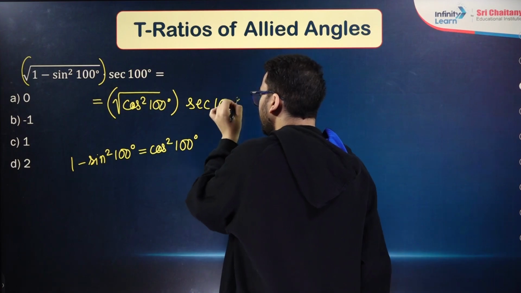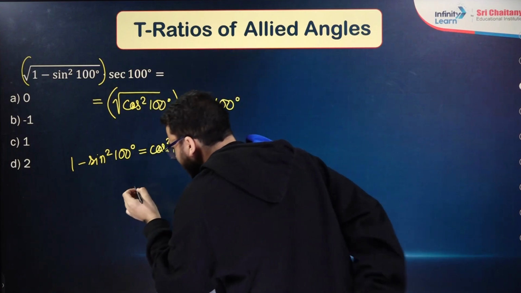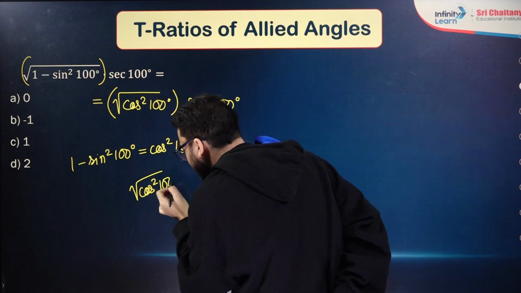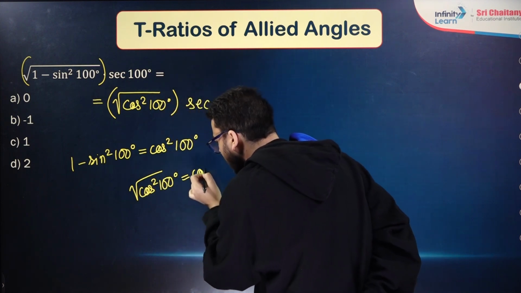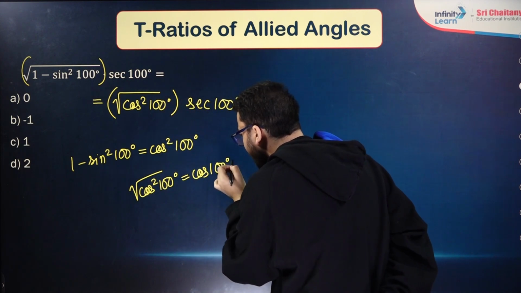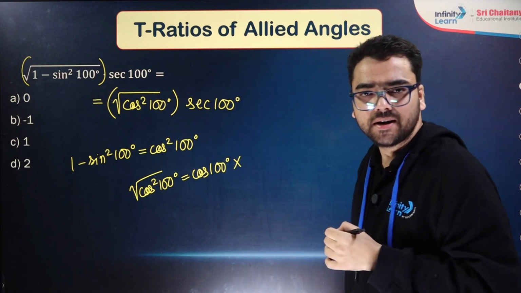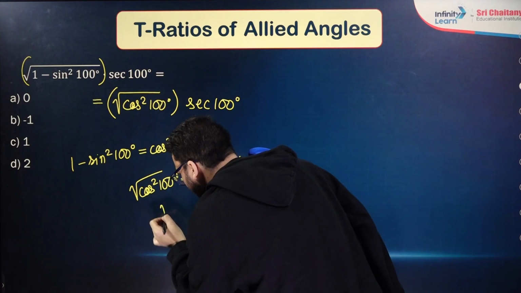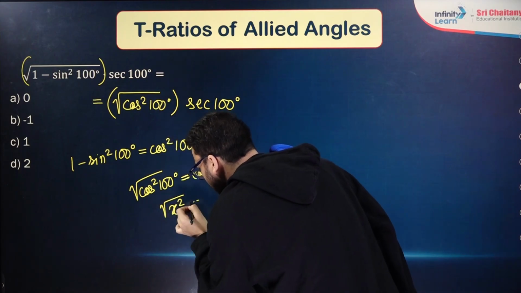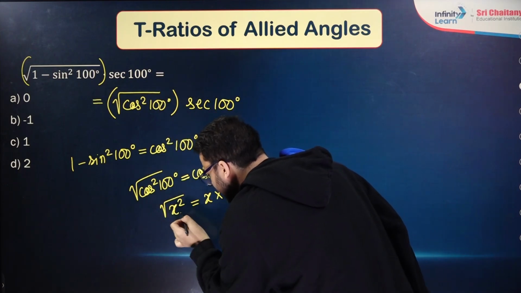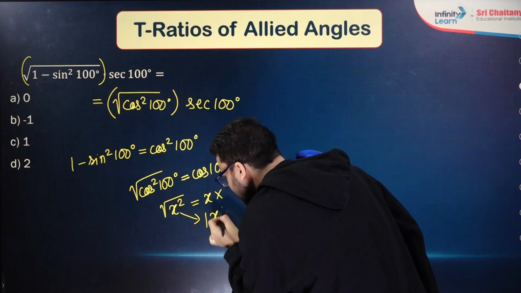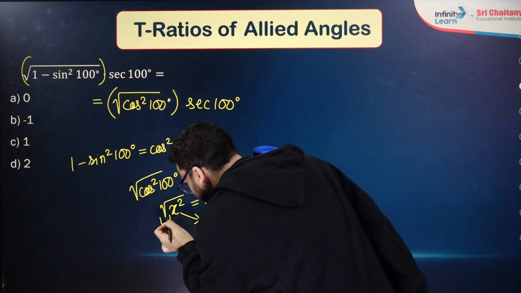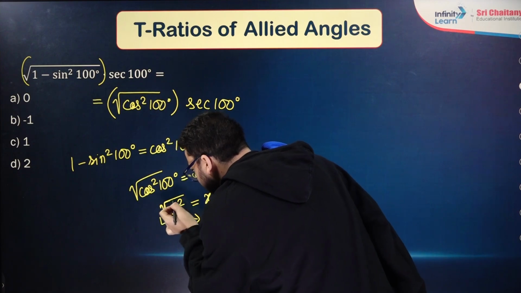Right? Now many students will directly say that square root of cos square 100 is equal to cos 100, which is wrong. I did explain it many times on the Infinity Learn class 9 and 10 YouTube channel, and you must also have studied that square root of x square is never equal to x, right? It is basically equal to modulus of x. The simple logic is, when you take this sign, they are talking about positive square root.